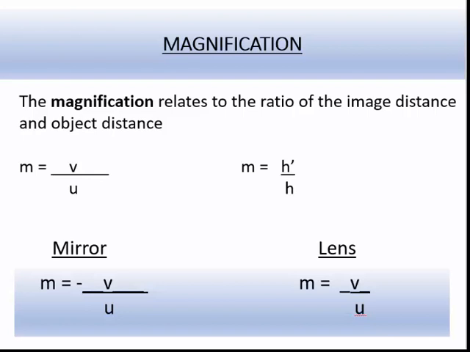It can be written as V upon U, where V is the image distance and U is the object distance. So the ratio of the two will give us magnification. Magnification is also always designated by a small letter M. If we know the image distance and the object distance, we can divide them and get to know the magnification.